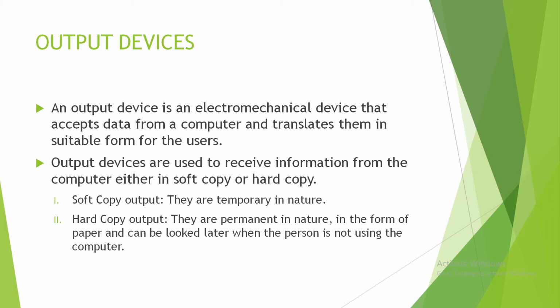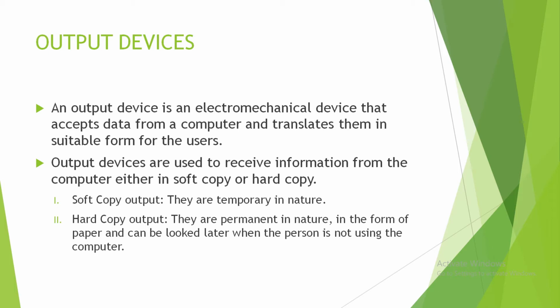Output means get something from the computer. An output device is an electromechanical device that accepts data from a computer and translates them into a suitable form for the users. Output devices are used to get final results from the computer.